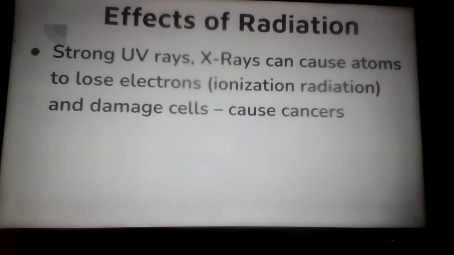So prolonged exposure to the highest levels of ultraviolet rays and X-rays can eventually lead to these cancerous cells. That's why you want to protect your skin when you go out in the sun a lot during the summer, because high levels of ultraviolet radiation can cause skin cancers.